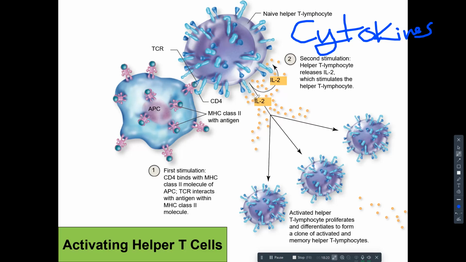In doing its division, the helper T cell actually is going to make two varieties of cells. It makes activated helper T cells. Activated helper T cells are for right now, okay? To help deal with and direct the response against this particular antigen right now.